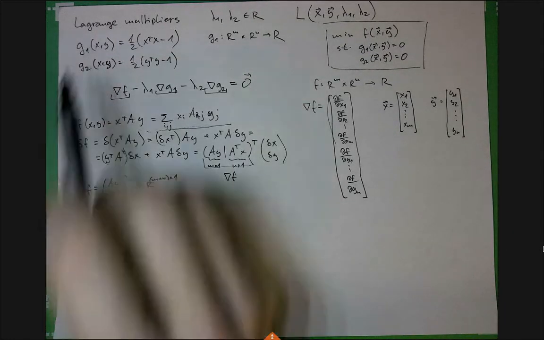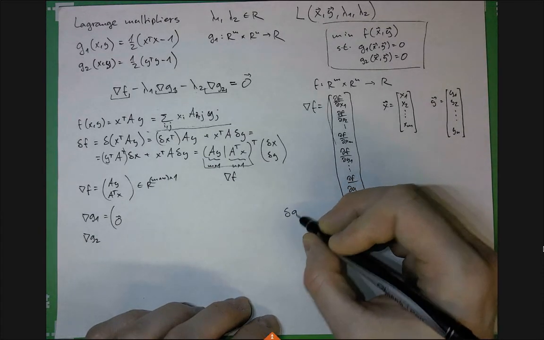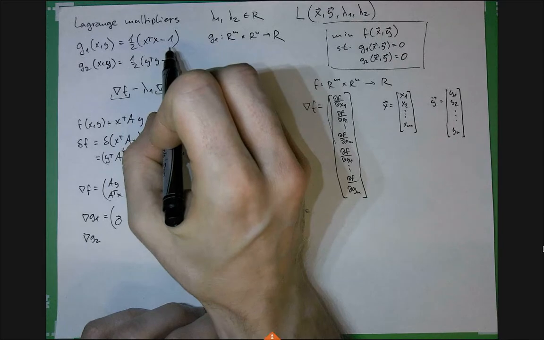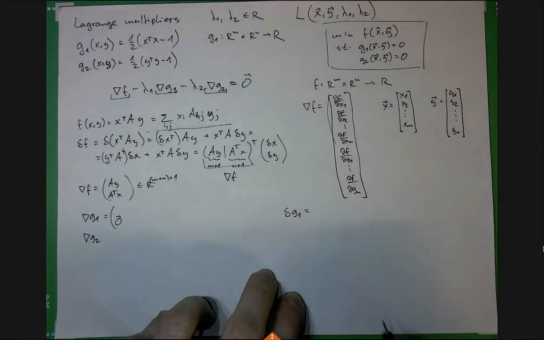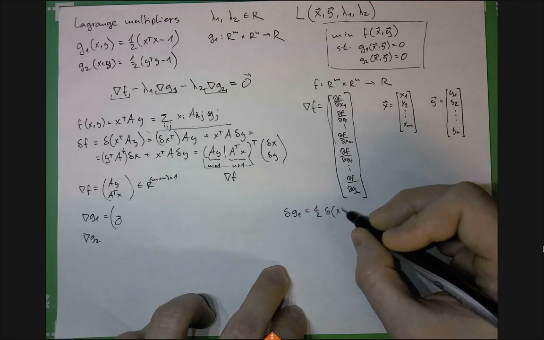And if I differentiate G1 by x, this would not be so difficult to do by coordinates, because this is a much simpler expression. I can just do it if you want me to, or do you want to take a guess? Well, let me just do it. G1 is 1/2 of x transpose x minus 1, right? So the differential of G1 will be 1/2 of the differential of x transpose x minus 1.